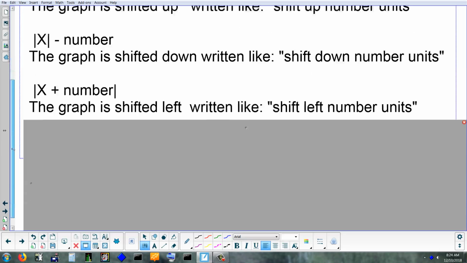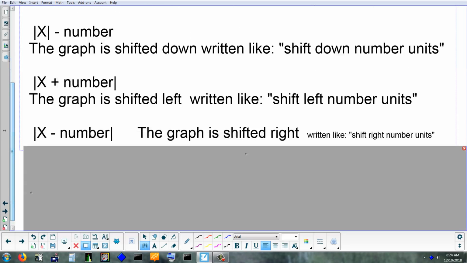All right. How about this one? X minus a number. Okay, well, I just gave it to you. Shift right. So X minus a number, that's when you shift to the right. Any questions on that? So those are your 4 directions you can shift.